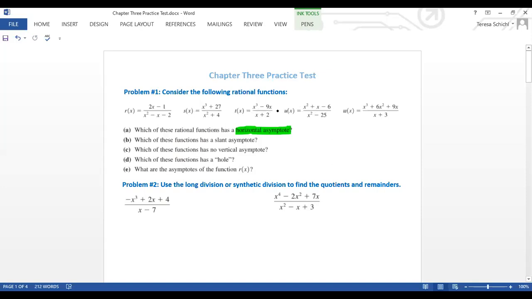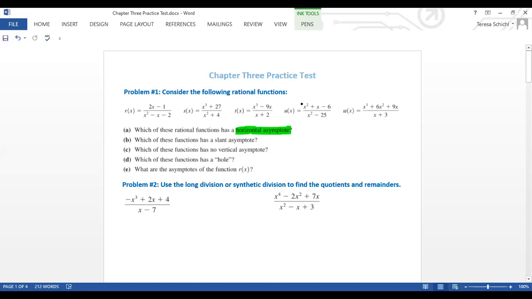If the numerator is bigger than the denominator, then the horizontal asymptote does not exist. If the numerator equals the denominator, the horizontal asymptote is the ratio of the two leading coefficients. If the numerator is less than the denominator, then it's 0, so it exists.